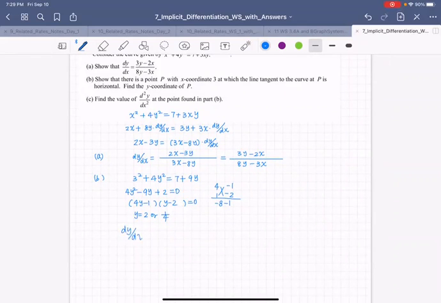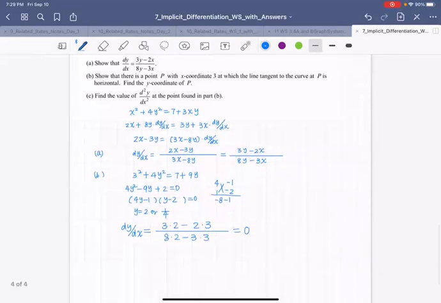Yes. Let's plug in. When y is 2, x is how much? 3. And then 8 times 2 minus 3 times 3, correct? This equals 0, correct?